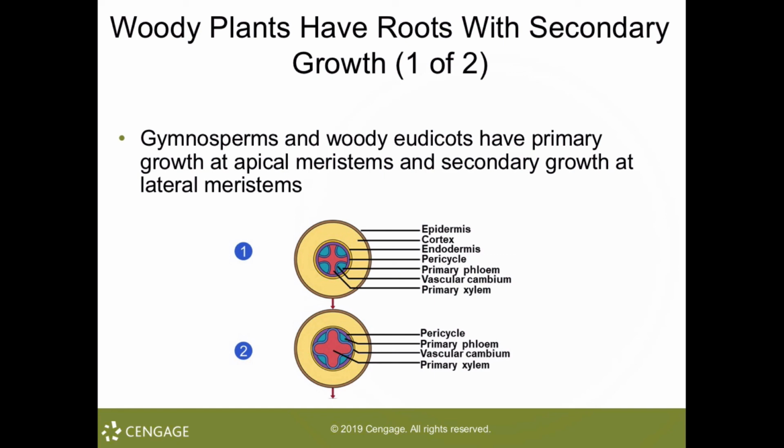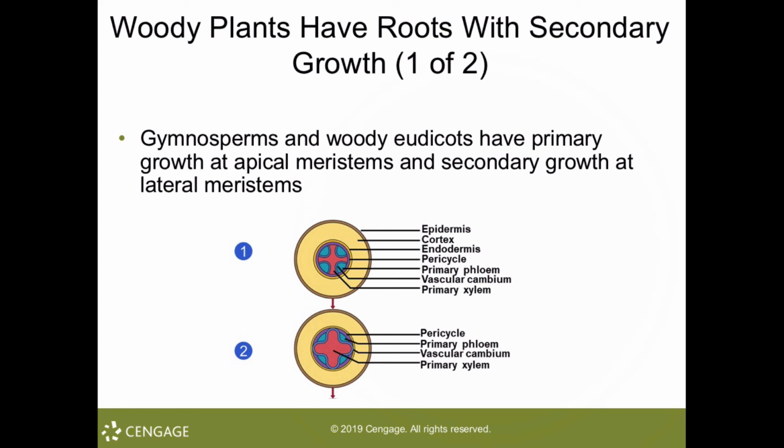Up next, the epidermis, the cortex, the endodermis, and primary phloem are gradually torn apart as the root increases in girth. So the root epidermis is replaced by the periderm, composed of cork cells and cork parenchyma. This is straight from the last chapter, chapter 33.